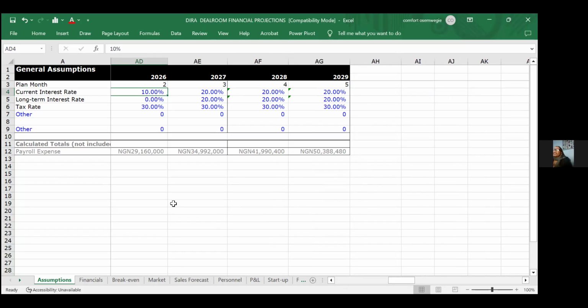In some cases, we need to see the projection of the business for 2 years, any reasonable guess on whether this business is sustainable or not. For example, if you are a startup or a very early stage small business, it's advisable you run your projections 2 years, month by month.